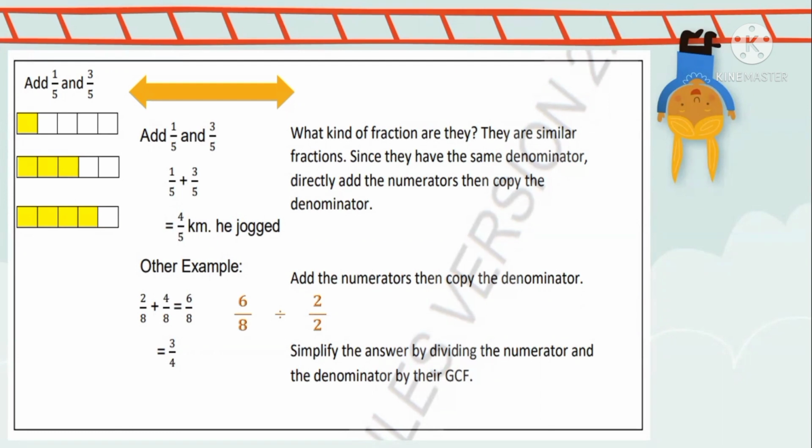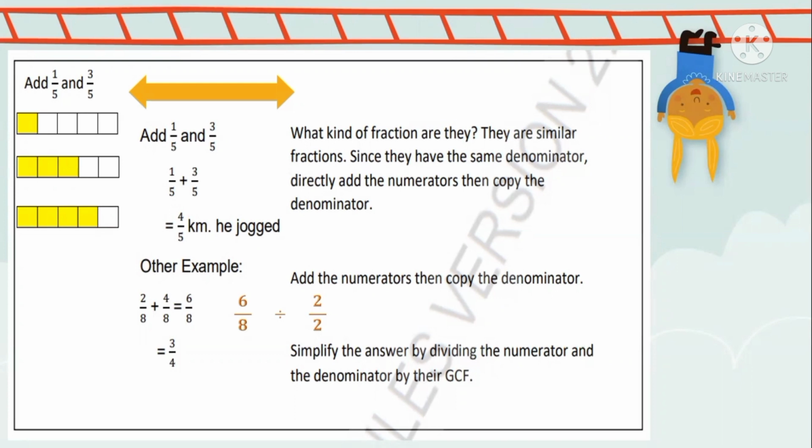On the other side, if we are going to do that in the equation process, what kind of fractions are they? Yes, they are similar fractions. So since they have the same denominator, you can directly add the numerators, then copy the denominator.